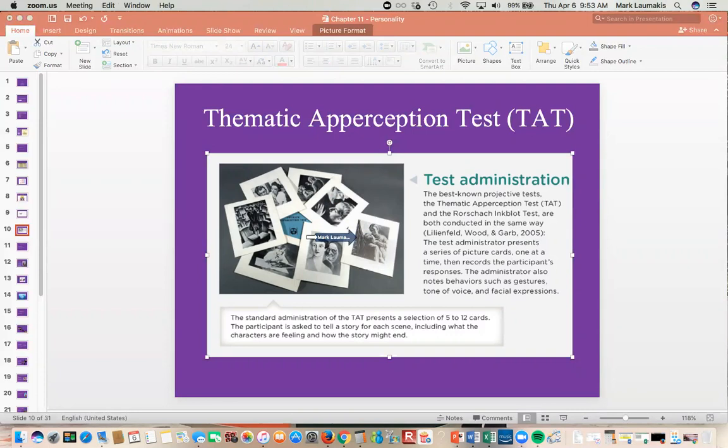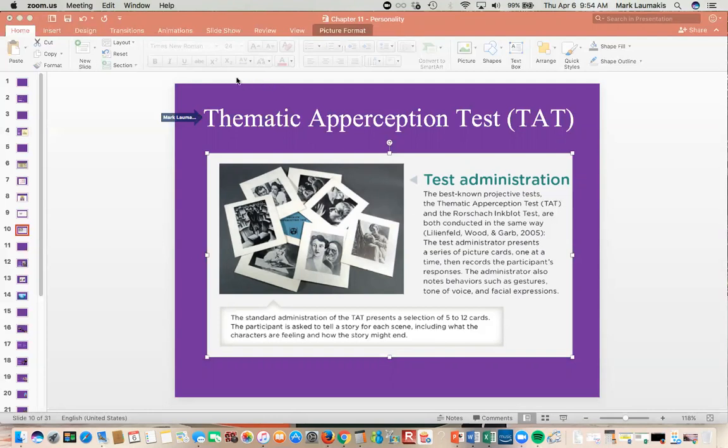And then we're looking for themes, right? Is there a repeated sense of doom and loss and depression and sadness? Or are there themes about danger and anxiety and worry? Or are there themes about feeling less than other people, something about self-esteem, right?